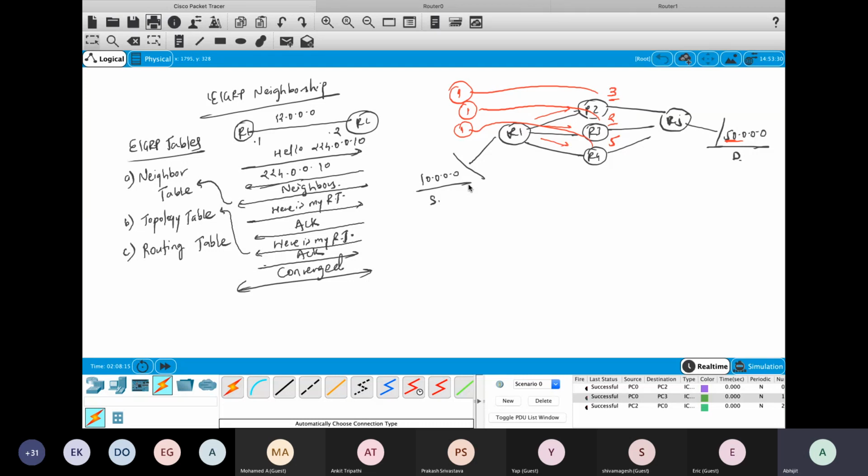Which means R1 is going to receive 3 of the best routes that its neighbors know about for reaching 50.0.0.0. And all these 3 routes that it receives from the EIGRP neighbors will be stored into something called the topology table. Do you understand this?